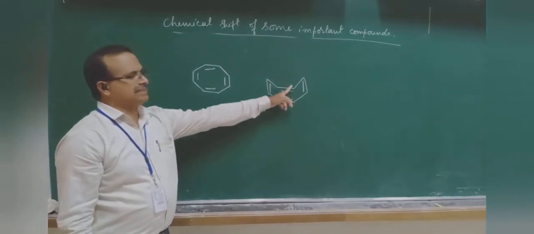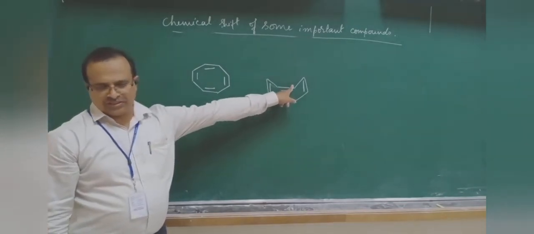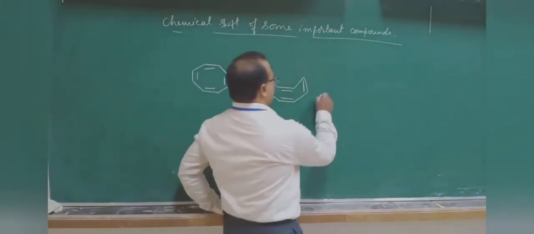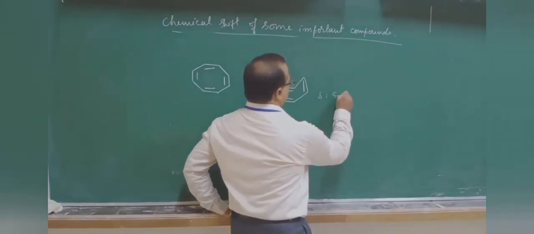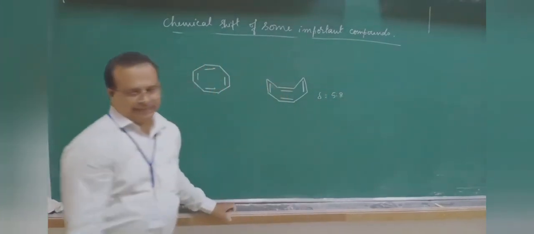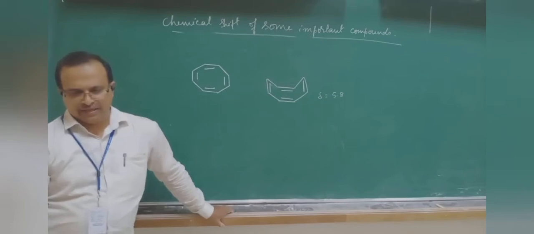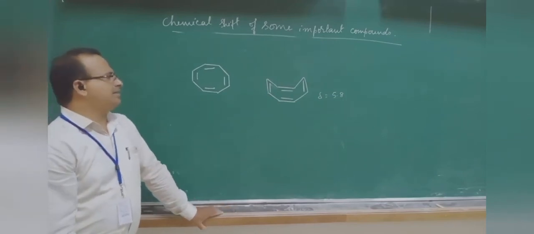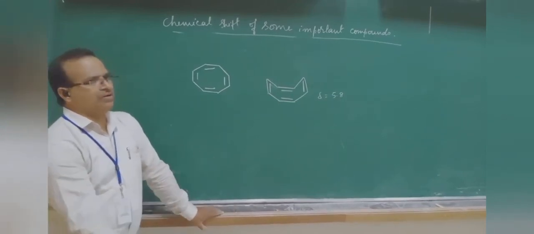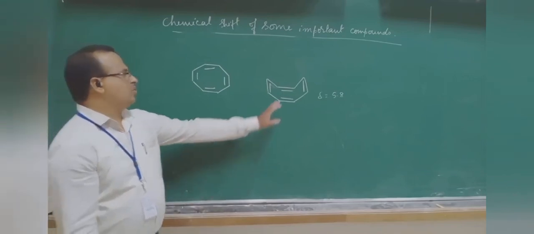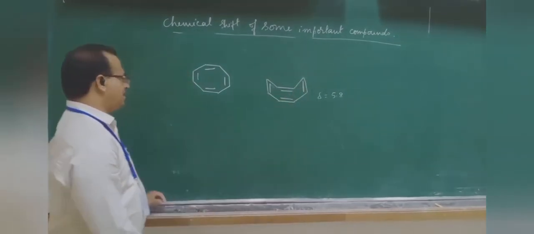So protons are shielded, and the value of all the protons is 5.8 delta. The p orbitals are in different planes, the extent of delocalization is less, so the chemical shift values are less.